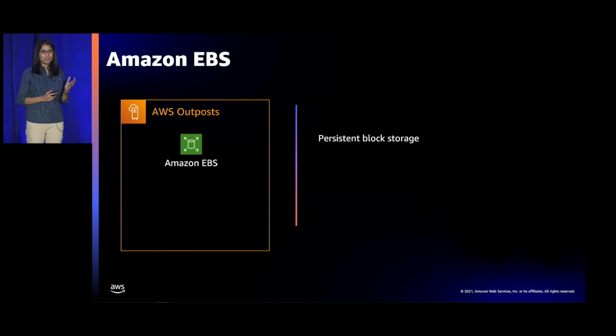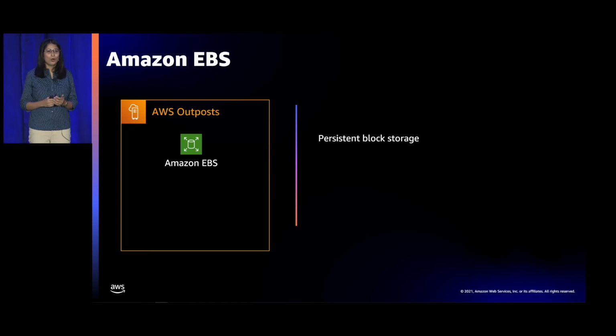So Amazon EBS is provided on Outpost for your persistent block storage needs. You can use the same GP2 volumes as in region as boot or data volumes. You can attach or detach them to your EC2 instances. Just as in AWS Region, EBS provides snapshot and restore capabilities and allows you to increase the volume size without any performance impact.